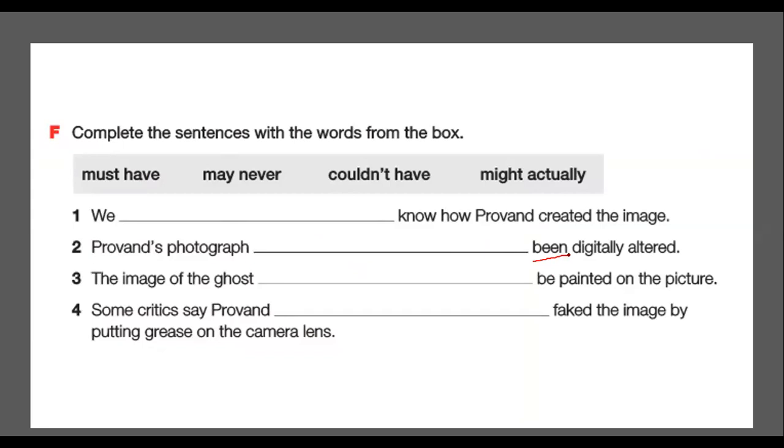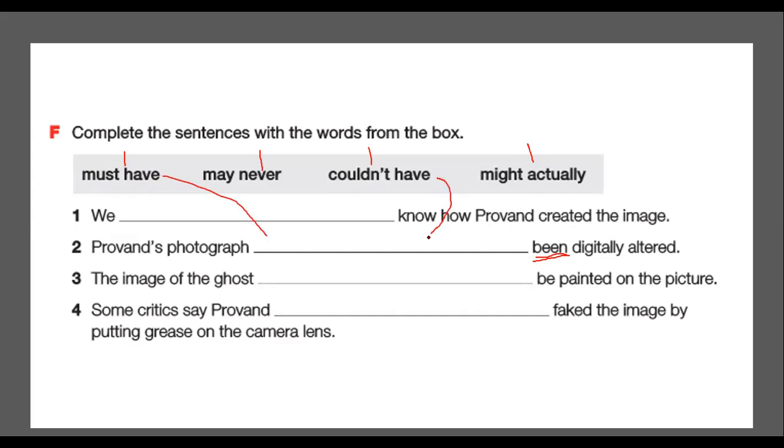Okay, so in this case, if I have past participle in here, and then I have must have, may never, couldn't have, might actually, from the four, which one do you think is most probable for you to use in here? Must have. So you can either use must have or couldn't have.